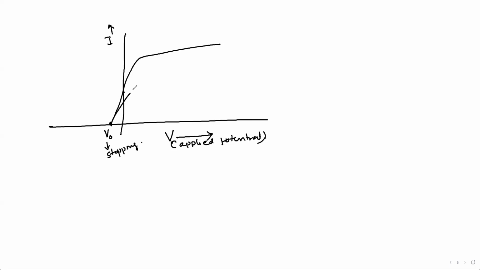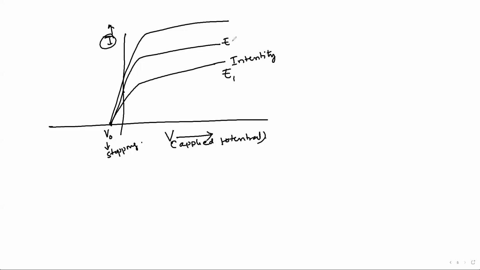Suppose I draw three lines like this, related to the intensity of the incident light. Of course, this is current and this is intensity. Let us consider the intensities E1, E2, E3.